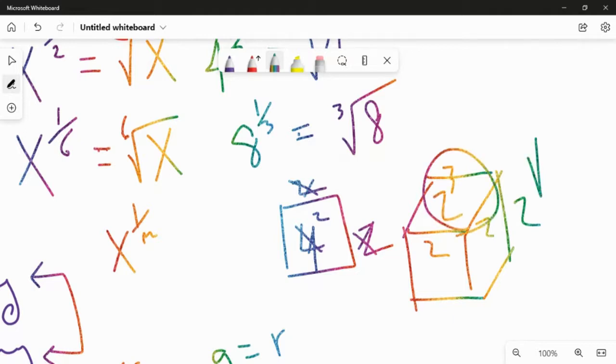But if you want to find the cubic root or third root of 8, then it should be 2, because it's 2 times 2 times 2.